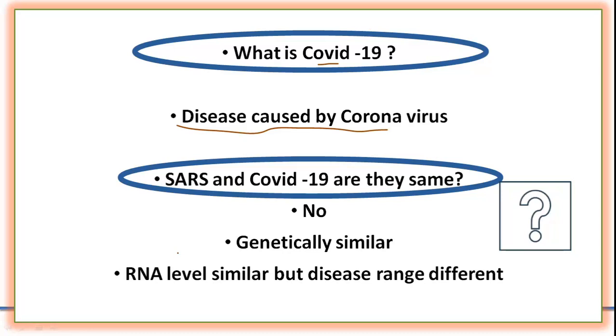At the RNA level they are very similar, but the disease range is different. Whatever disease they cause, whatever symptoms they cause, whatever organ they affect in the body is entirely different. So this is very important.